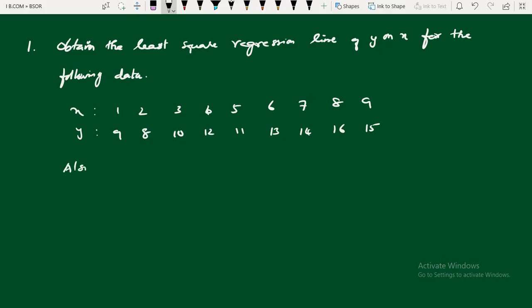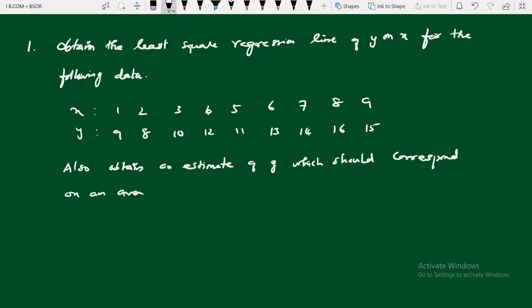Also obtain an estimate of y which should correspond on an average to x equal to 6.2.